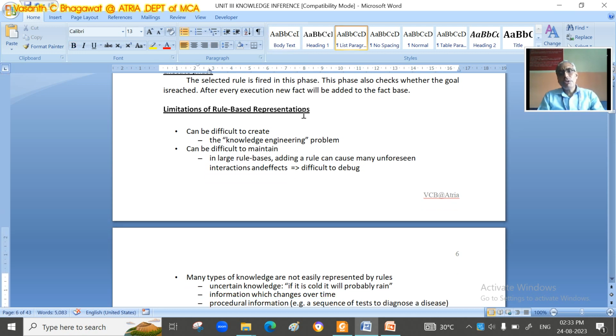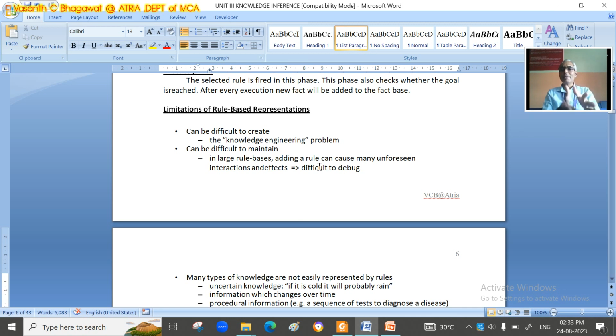Now when you are trying to understand some of the limitations of this rule based system, it can be difficult to create because you should have so many rules, but we have not yet discussed how to apply the rules. Later we will discuss how the rules are actually applied.